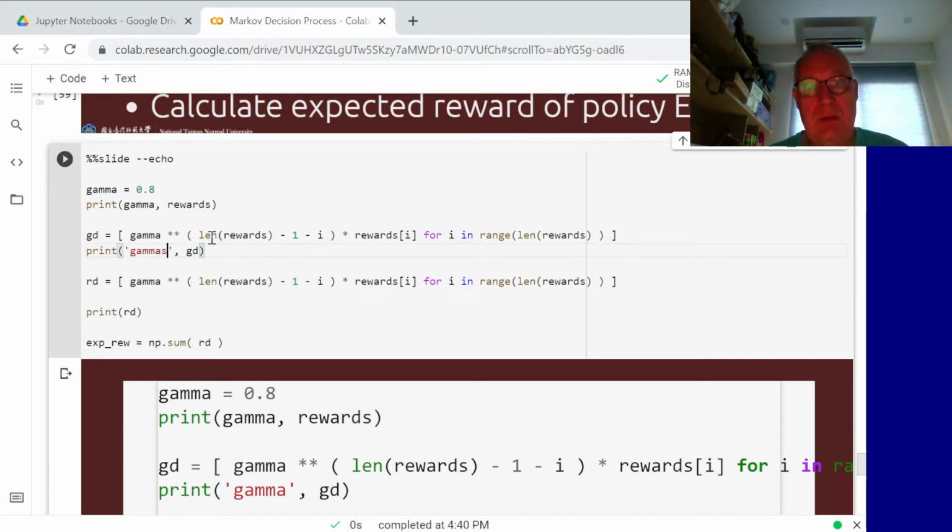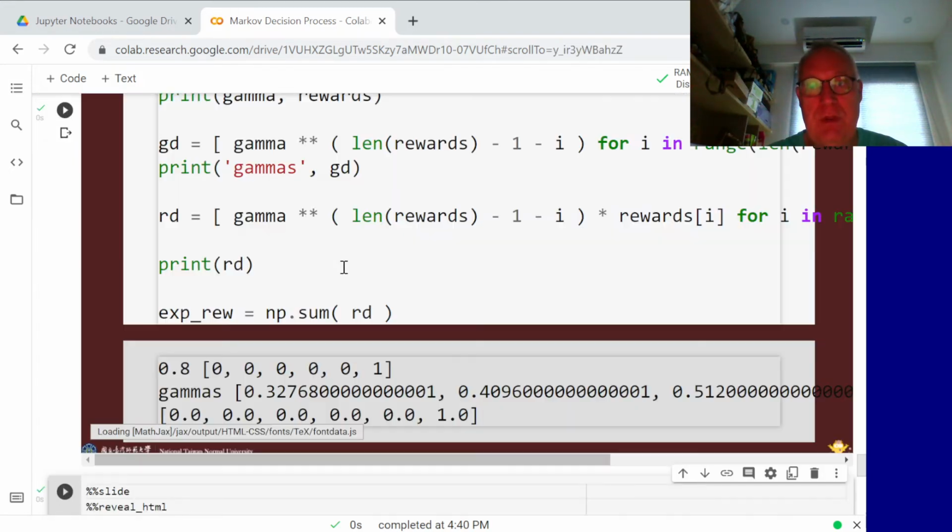So gamma to the power length of rewards minus 1 minus i. So this should be the weights.